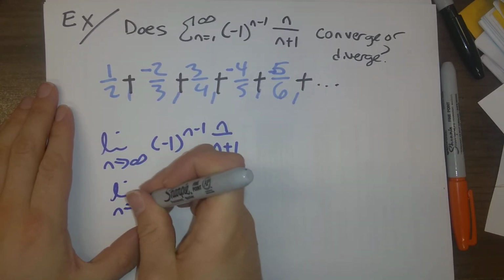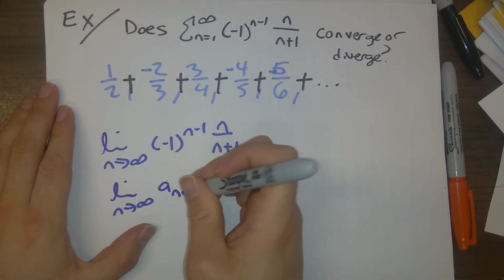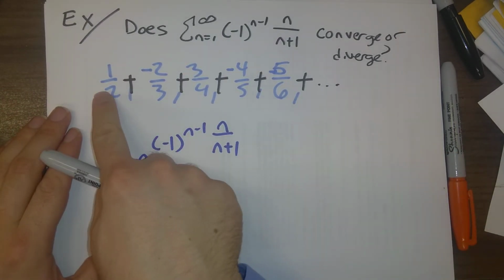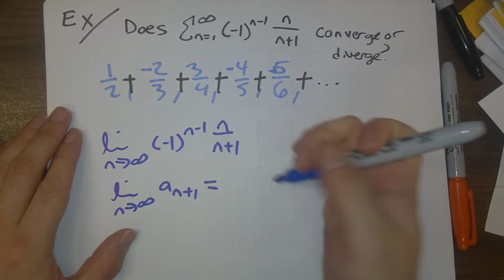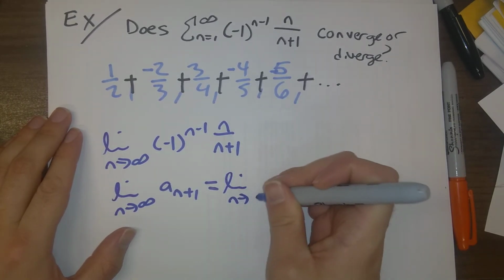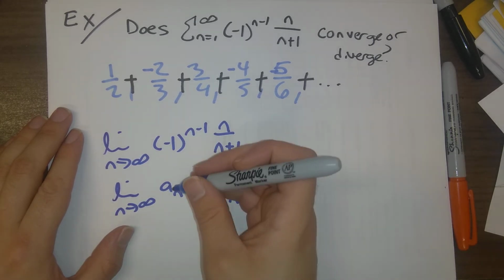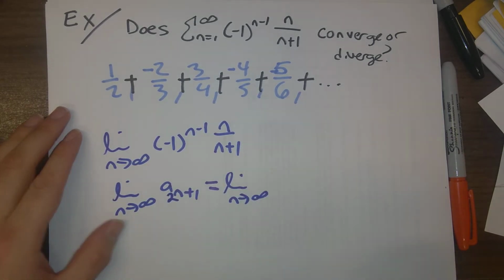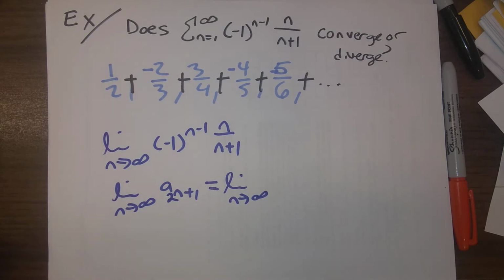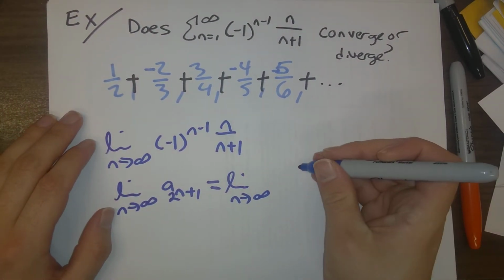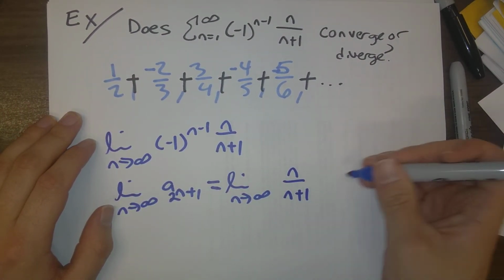The plus terms are going 1/2, 3/4, 5/6. That's basically the limit as n goes to infinity of a sub 2n plus 1, not a sub n plus 1. That will take care of the 1/2, 3/4, 5/6 terms. That's going to be the limit as n goes to infinity of n over n plus 1.